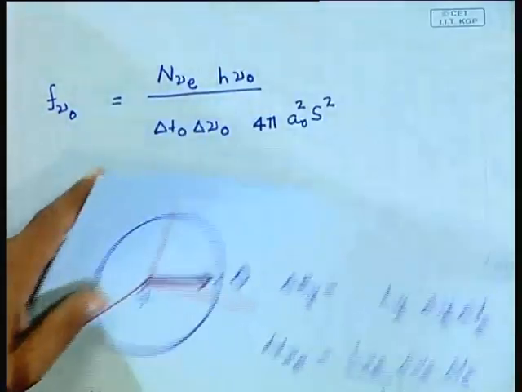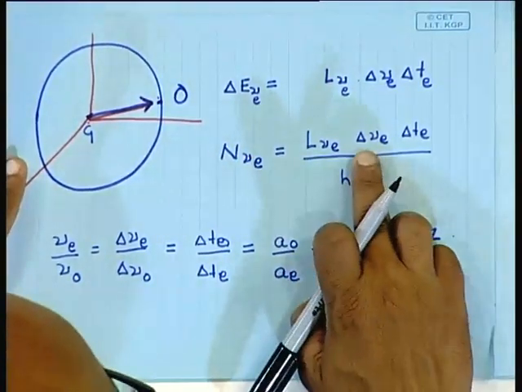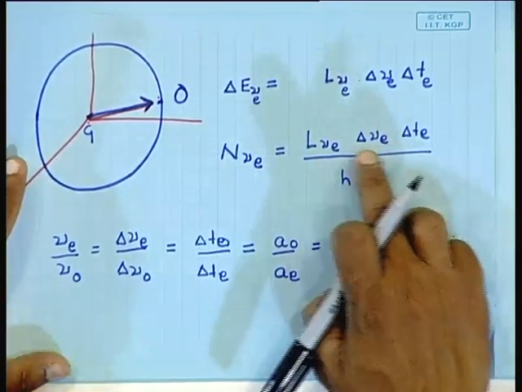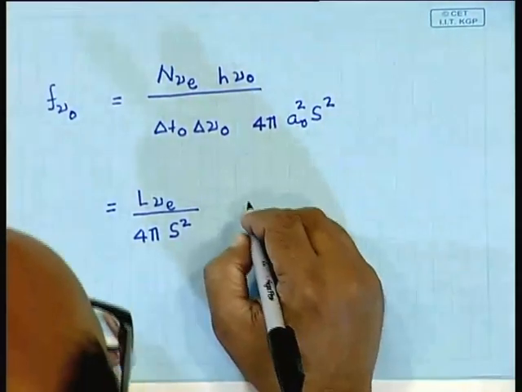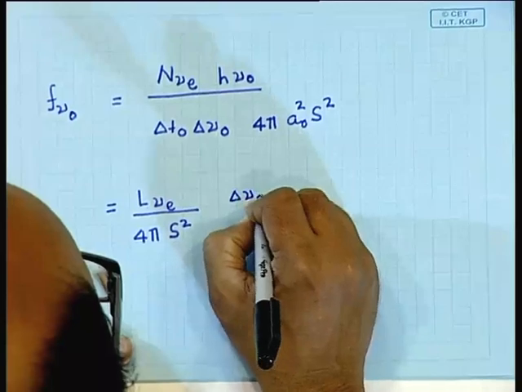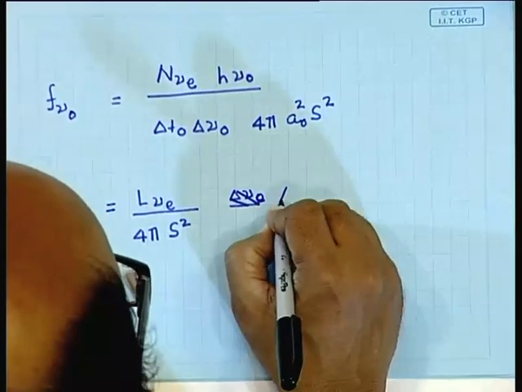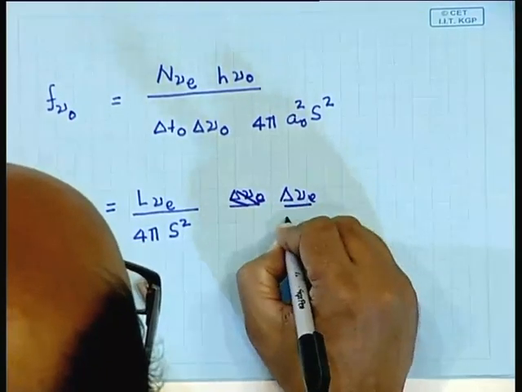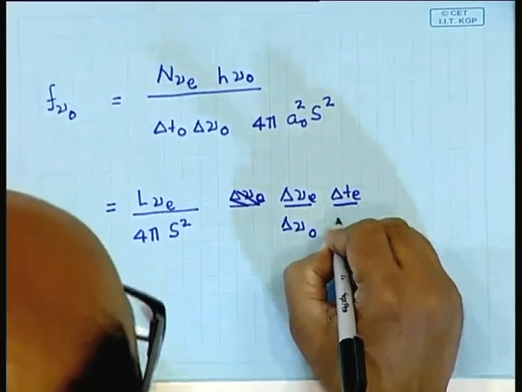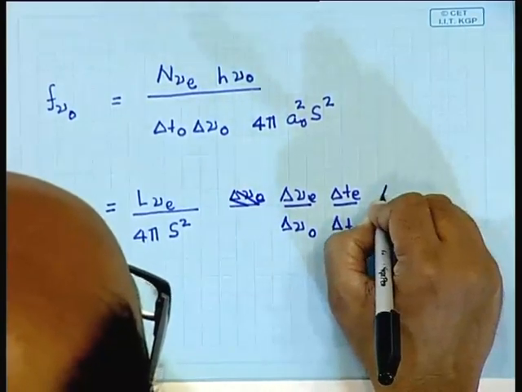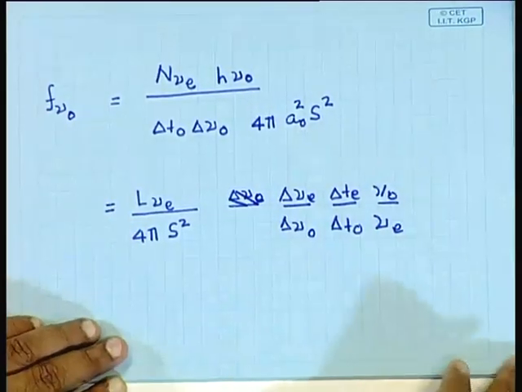And now this N also has the interval of frequency, interval of time, and the frequency. So, I have delta nu observed by delta nu emitted, delta t emitted by delta t observed, nu emitted by nu observed, all these factors.